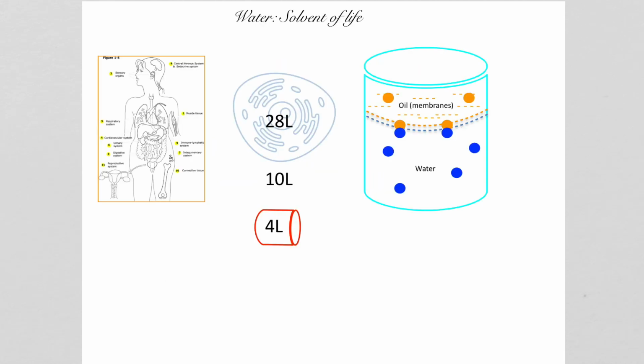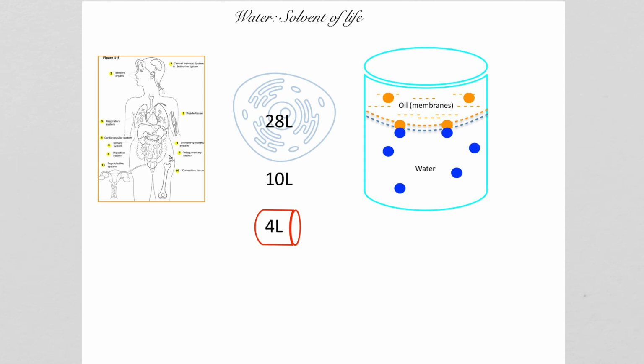So water is the most abundant chemical in our body. About 50 to 60% of body weight is basically water. So there's water everywhere. Water surrounding cells, water inside cells, water outside cells, as well as water in the blood vessels. Okay, so a lot of water everywhere.